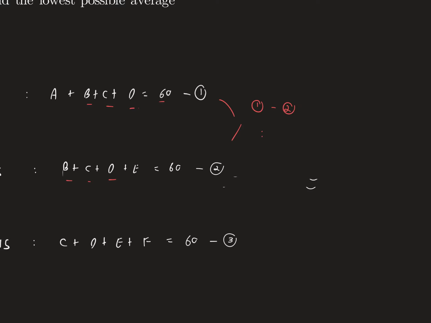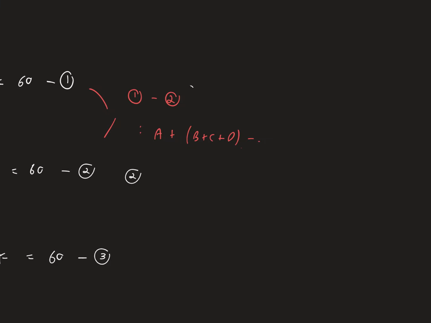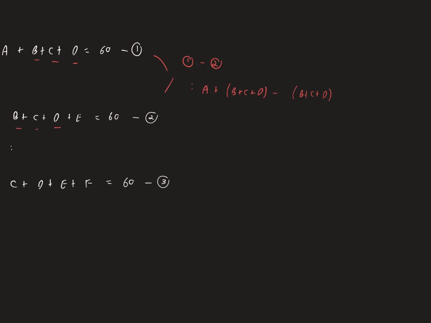So what we'll get here is A plus B plus C plus D, then minus B plus C plus D, then minus E once again equals 60 minus 60. So A minus E is 0, or in other words, A equals E. So let's say this is our fourth equation.